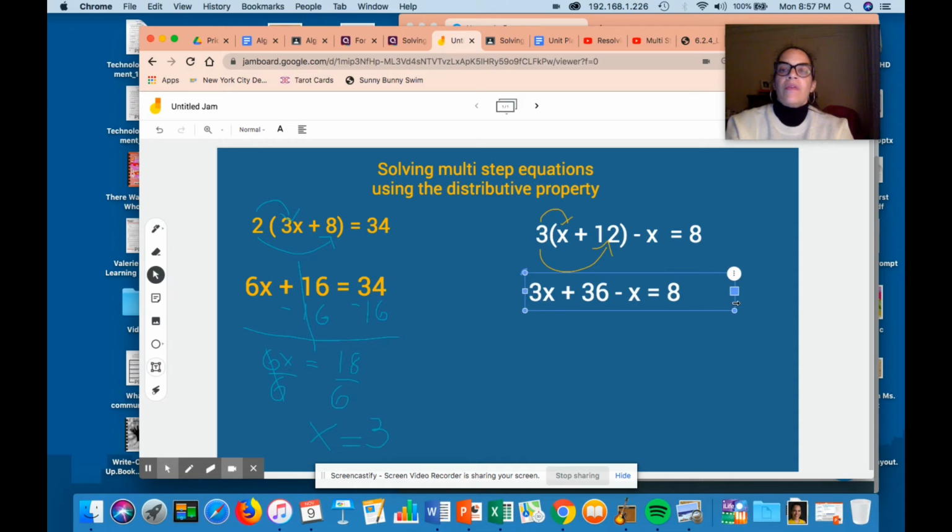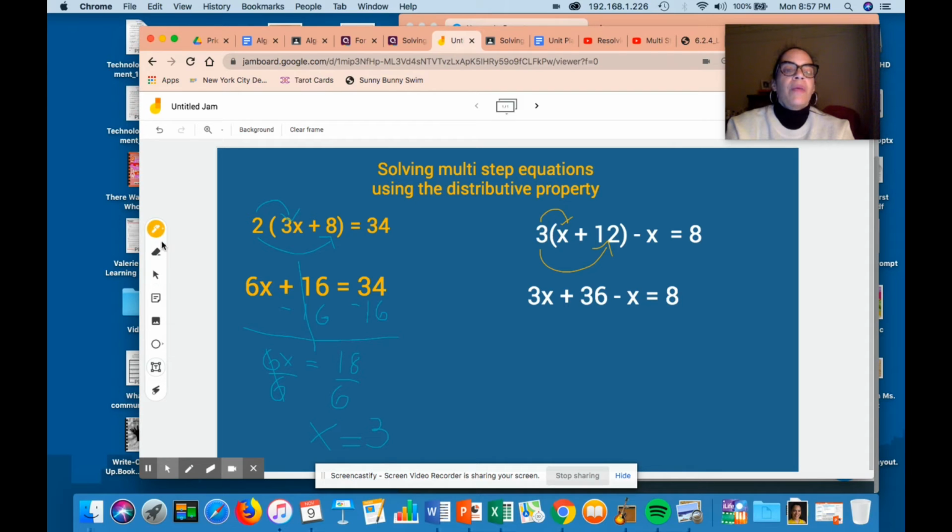Okay, so now the next thing we need to do is combine like terms. Remember, we need to combine like terms because we want to isolate the variable, but we also want to bring things down in their simplest form.